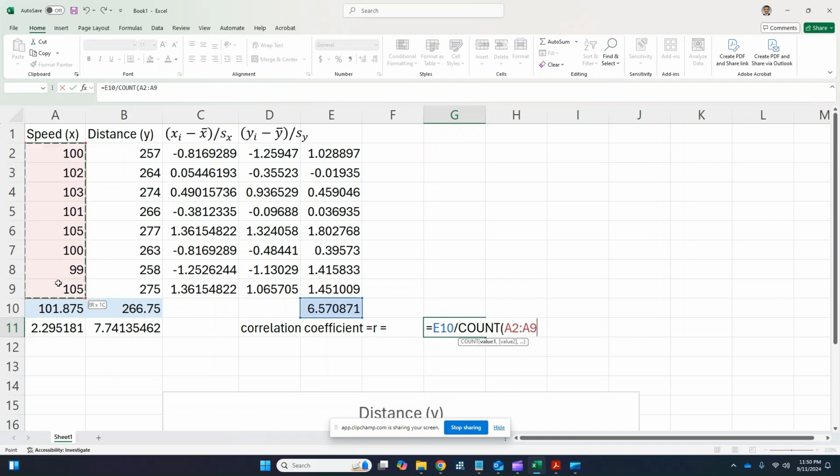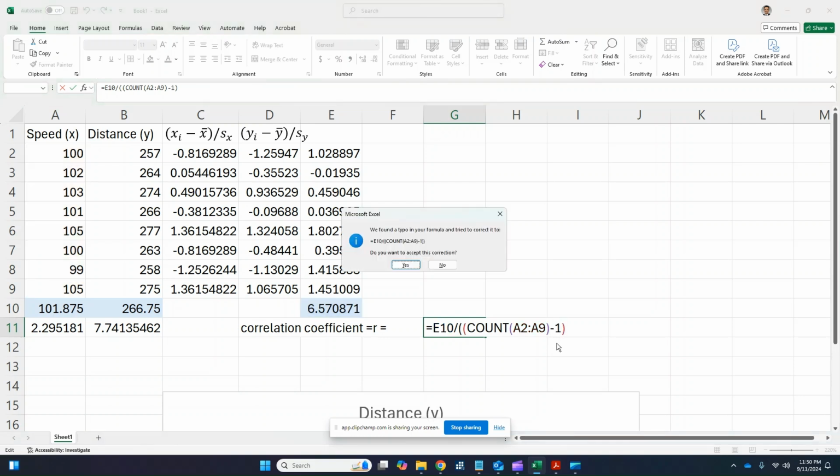So how many observations do I have? 1, 2, 3, 4, 5, 6, 7, 8. 8 observations, but I'm going to have to subtract 1 to account for the mean that I've used. Since I've been using the mean, I lose 1 degree of freedom. So subtract 1 and then press enter.